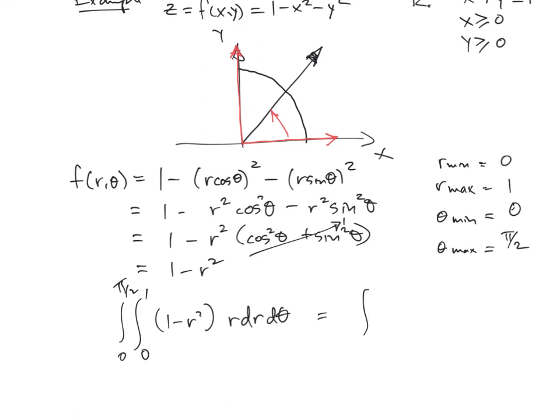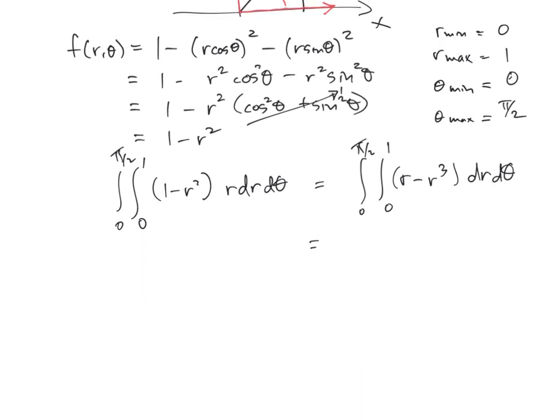Okay, so that is equal to the integral of r minus r cubed dr d theta, which gives me, from 0 to pi by 2 d theta, r squared over 2 minus r to the 4th over 4, where r goes from 0 to 1.